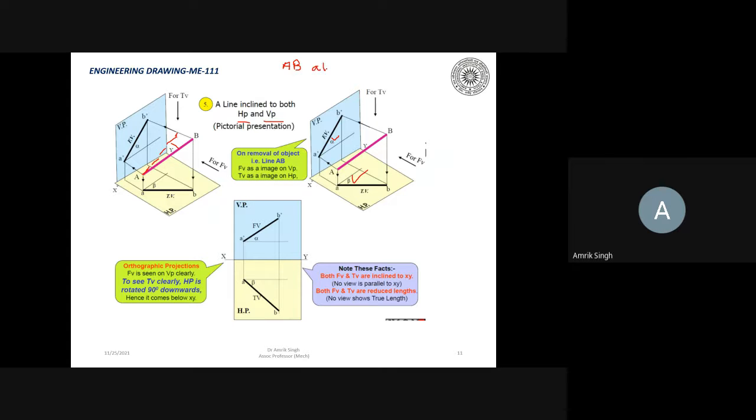If they are not the same, that means the line is inclined. Okay? So if it is parallel, then the length of AB should be equal to the projection. So this you remember. Okay, beta? So how to draw this? Here we will draw in such a way.